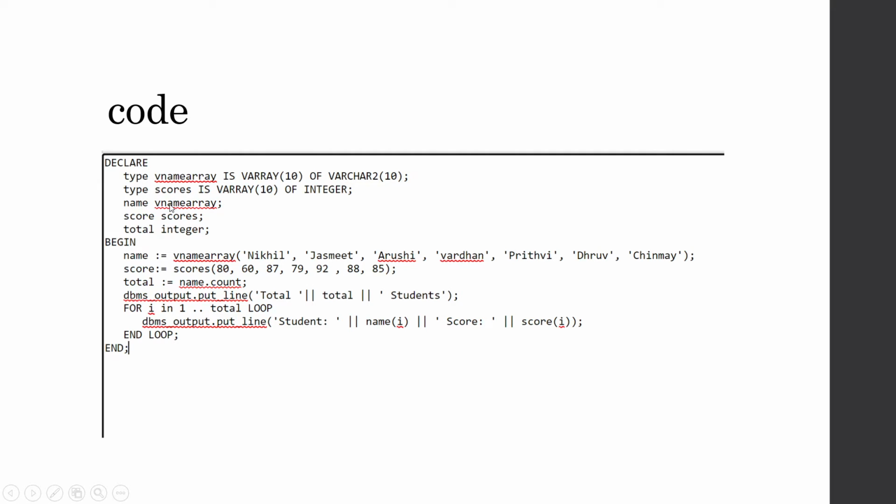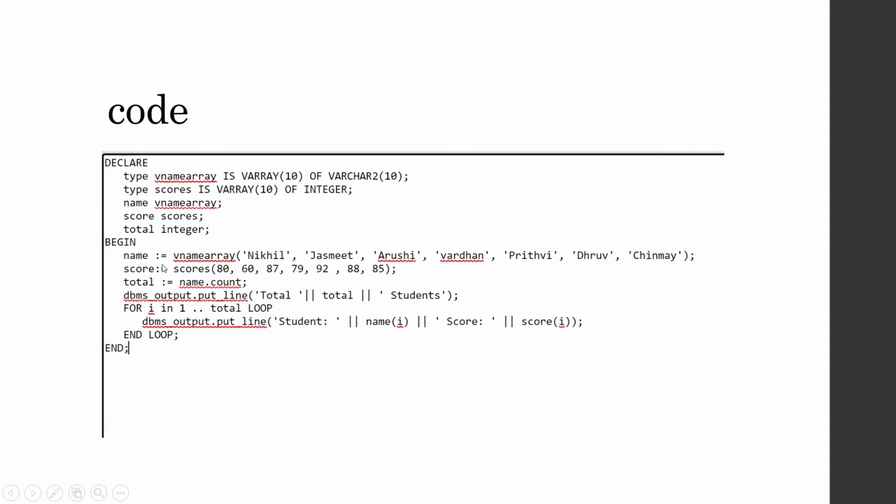And I have also declared scores, which can hold 10 elements of integer. Now I have declared a name variable which is of data type v_name_array and score of scores data type, and also taken a total variable which is integer.